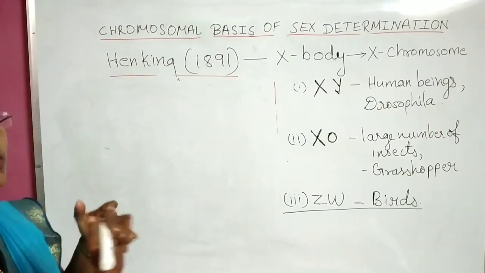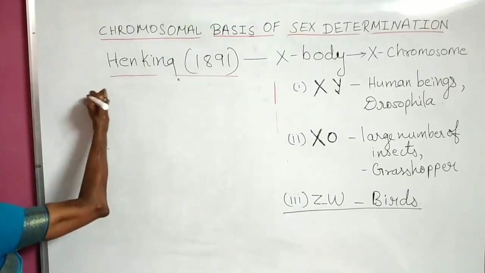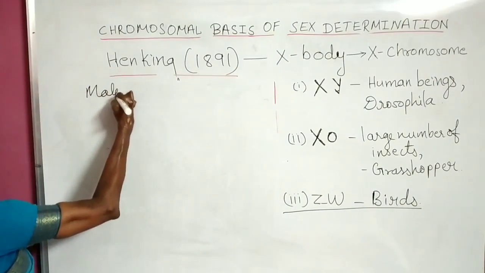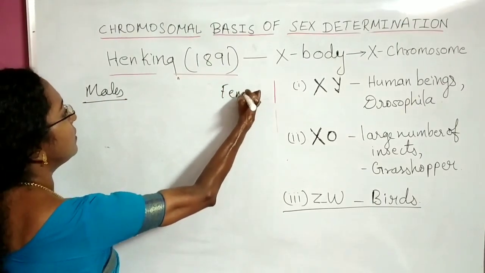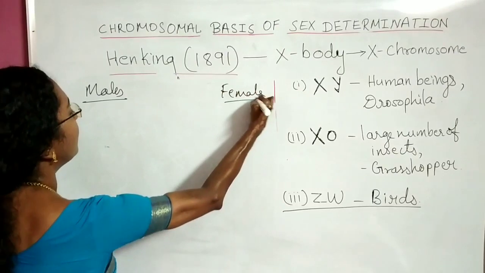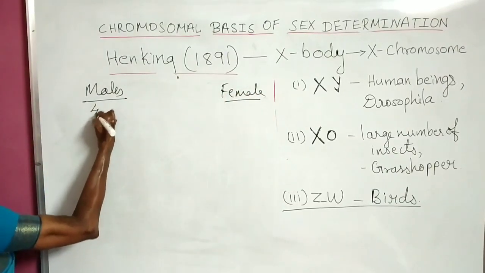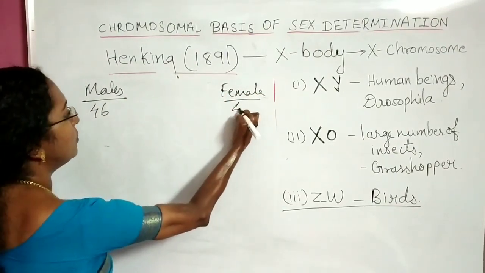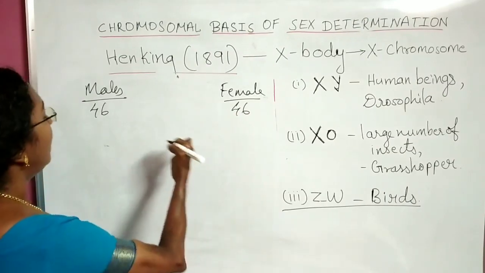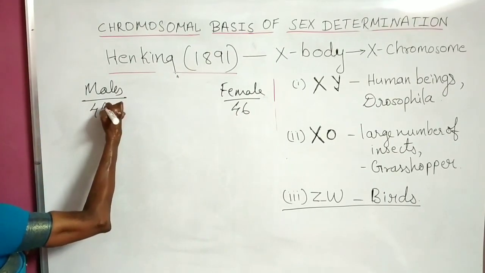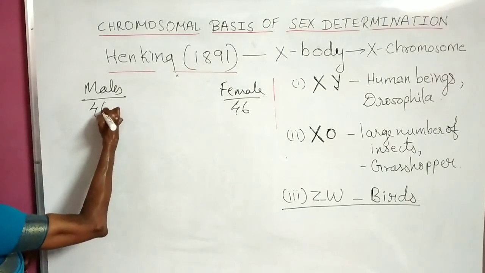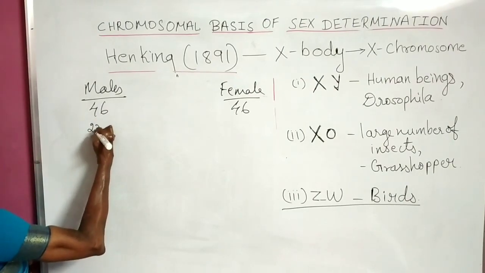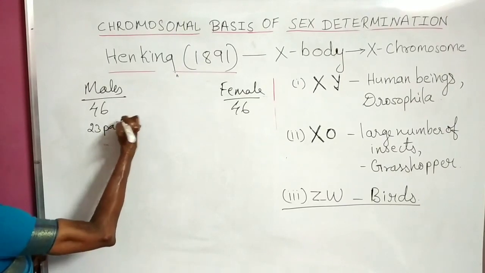Let us make it more clear. See, in the case of human males, and I'm also writing human female, both of them are having 46 chromosomes in their cell. And if this cell is going to produce a gamete, this 46 chromosome, I am writing it as 23 pairs.